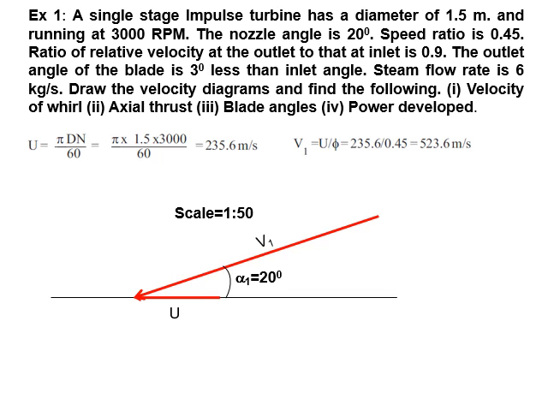Mark that distance on the 20 degree alpha 1 angle line, and you get an intersection point. Now join the other end of the u point with that intersection point. Now you get the velocity VR1. Measure the length of this VR1 line and represent it in meter per second. That is the relative velocity of the fluid at inlet.